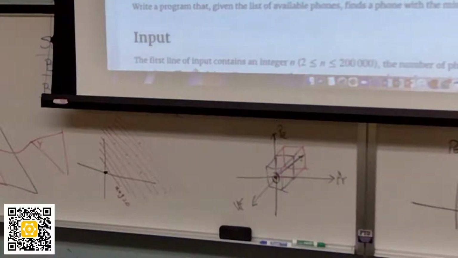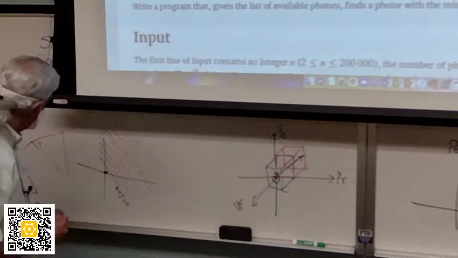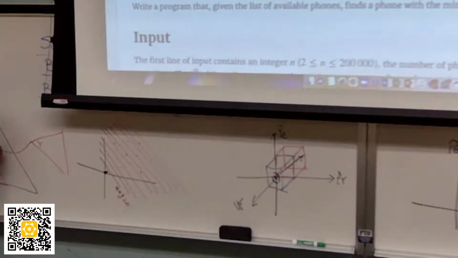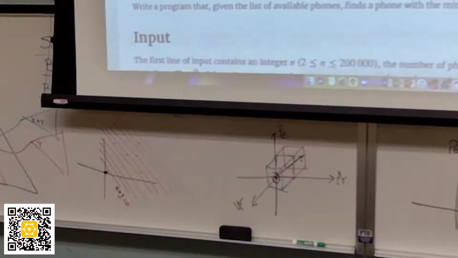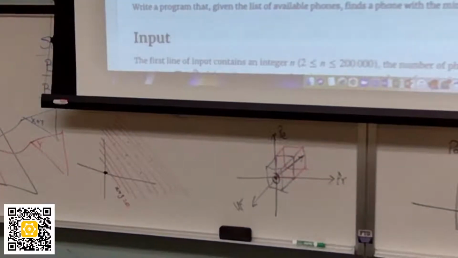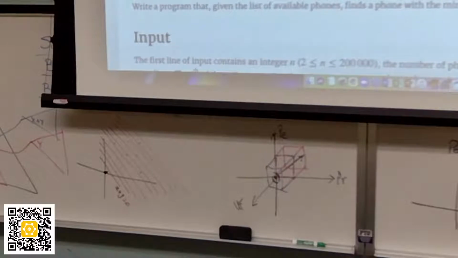Clear? Instead of sorting by Y, I am now going to sort by X plus Y. This will help me find the largest y or the smallest y, as the case may be.